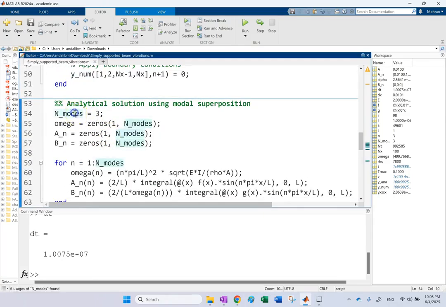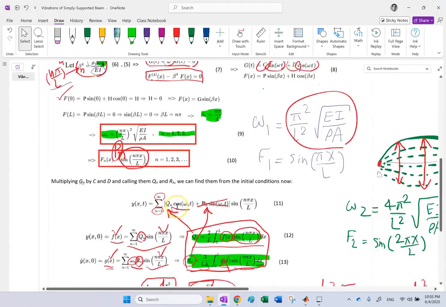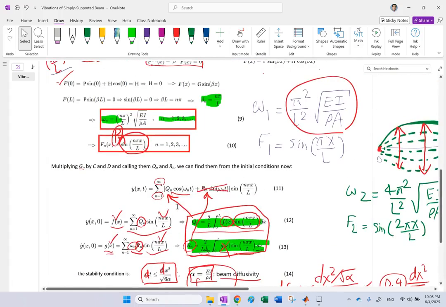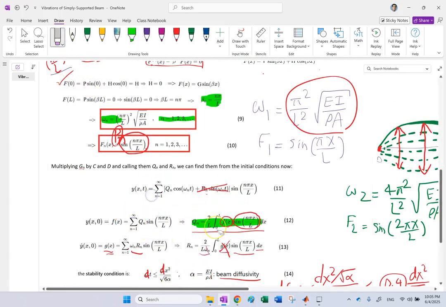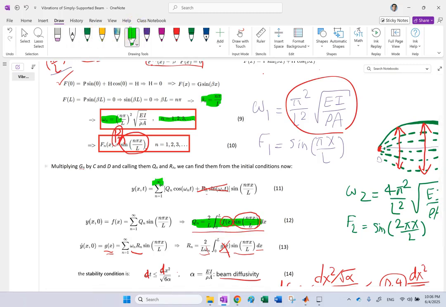For the analytical solution, you have to pick how many mode shapes you want to use, because remember, your n goes from 1 to infinity here in the analytic solution. Let me clean this up a little bit. You see here, you're going from 1 to infinity. In practice, you cannot add infinitely many modes together.